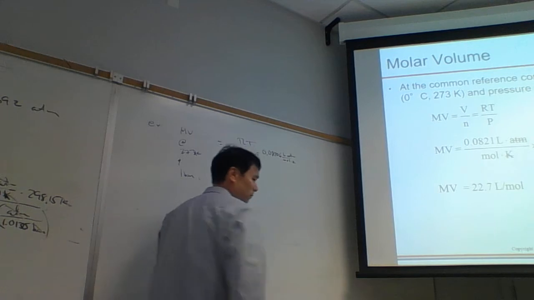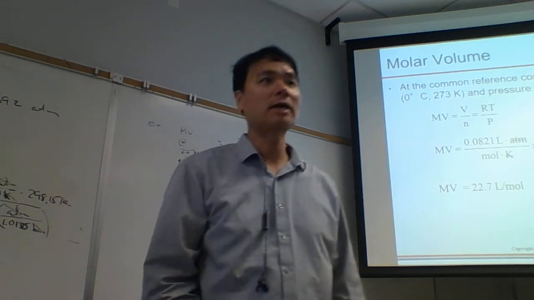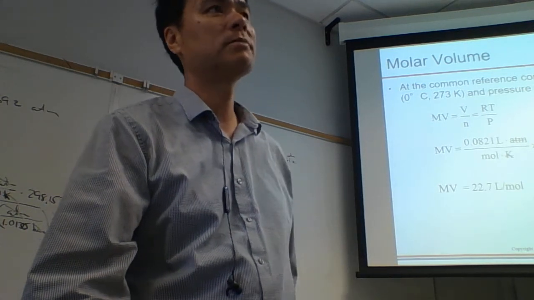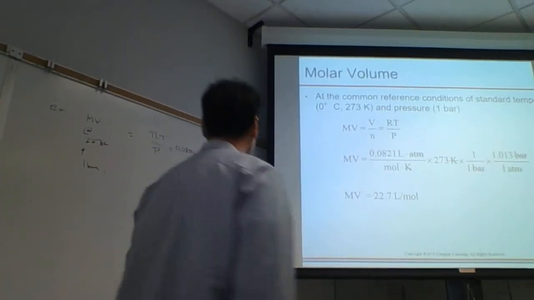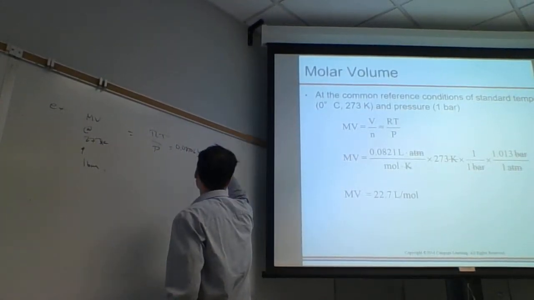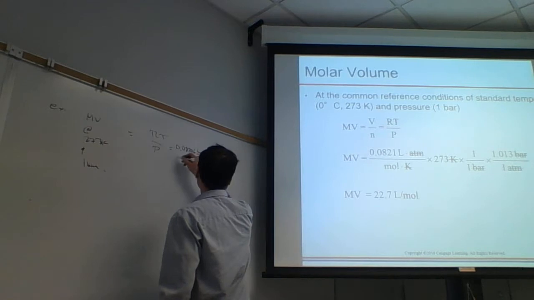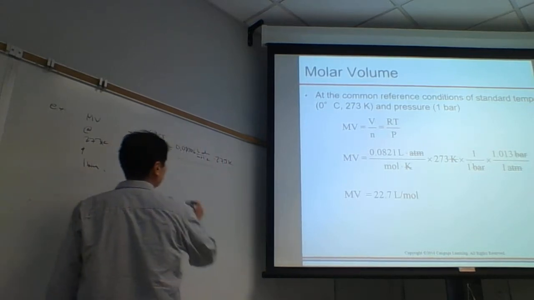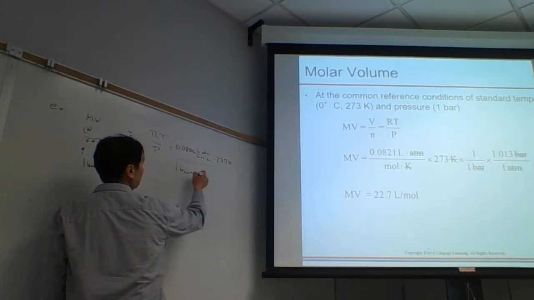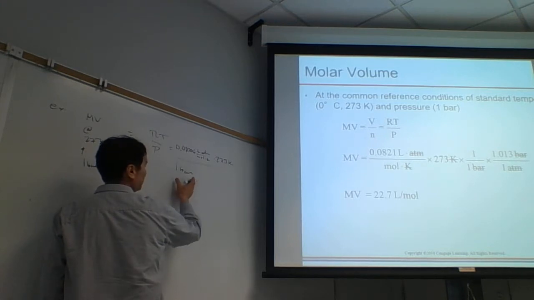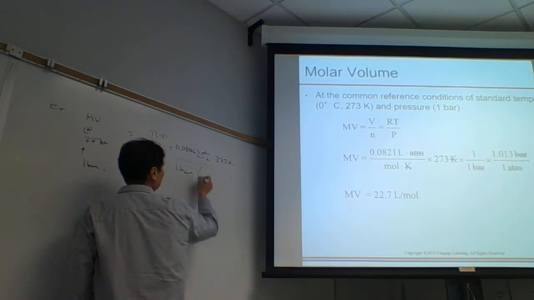So why go through the extra step of rounding that? It doesn't make sense. Times 273 Kelvin divided by the pressure. The pressure, we're going to do exactly 1 bar. So there's no sig fig issue here. It's infinite sig figs. And then convert it.